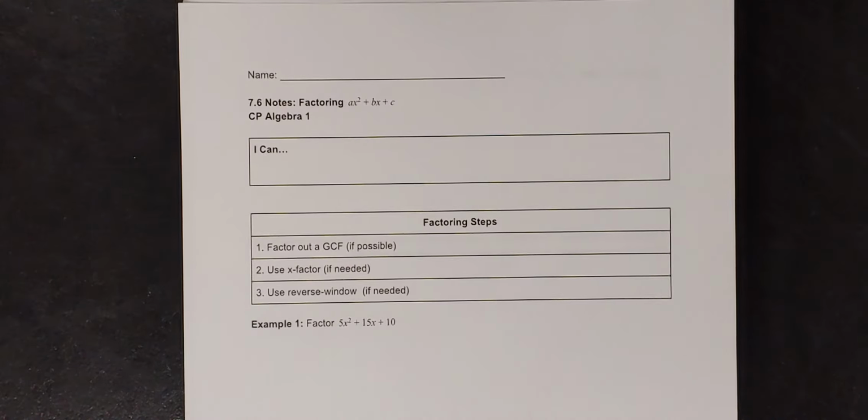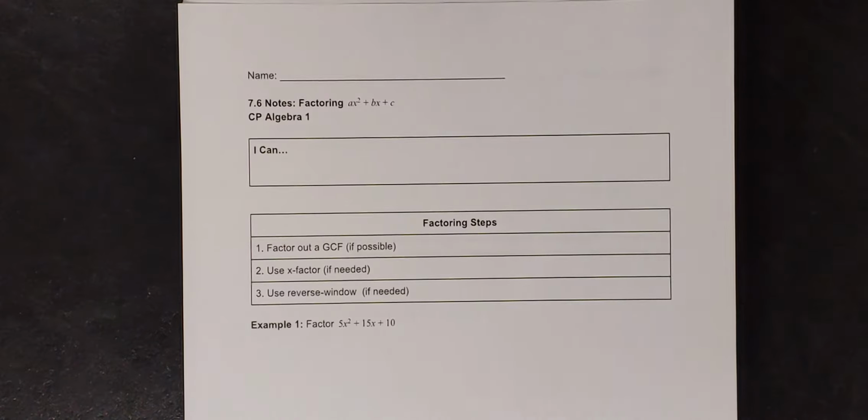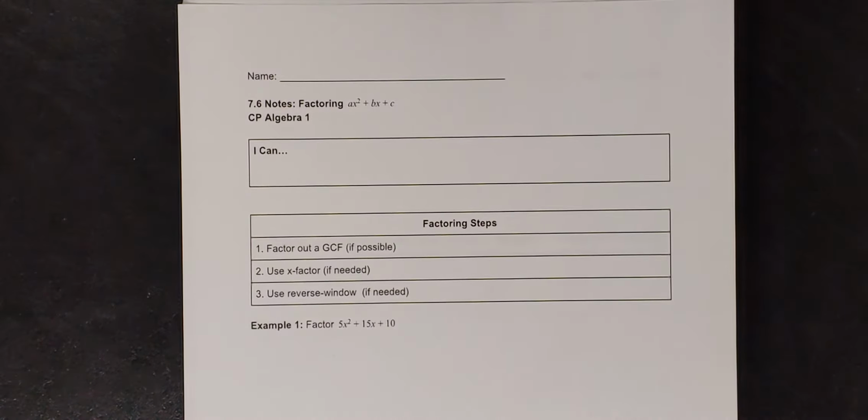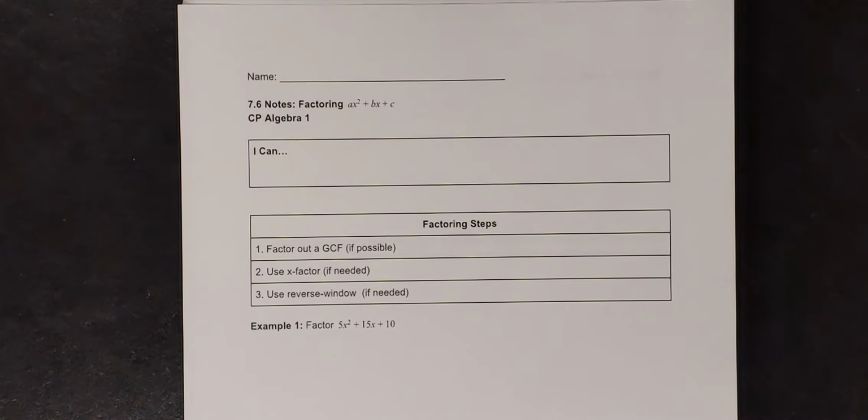Hopefully that first video provided a little bit of background on what we're going to be doing today. We're still going to be doing the same sort of thing, but this time we have an a in front of our squared term.